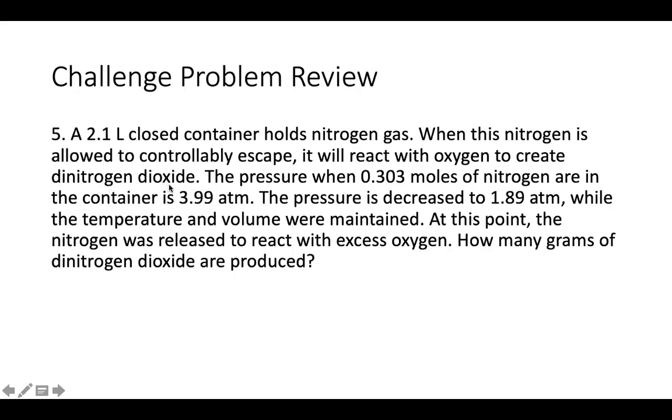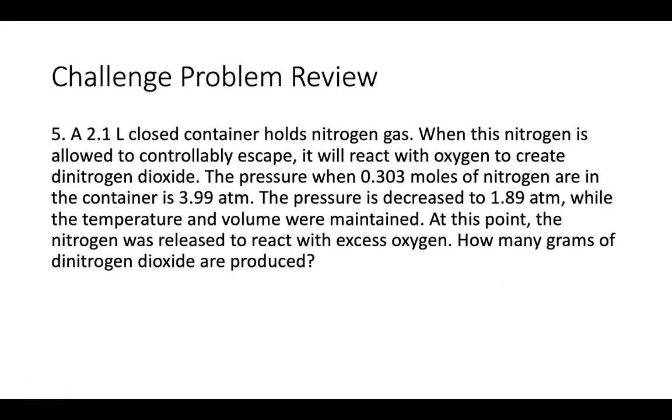So we're given all this information about our reactant nitrogen, and we're told that it's going to react with oxygen to make dinitrogen dioxide. So that sentence allows you to write a balanced chemical equation. And then the last sentence says, how many grams of dinitrogen dioxide are produced?